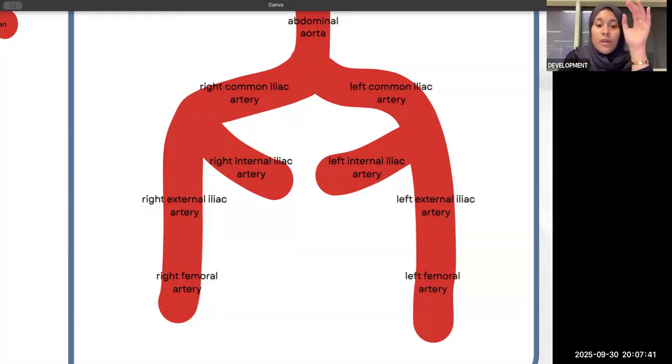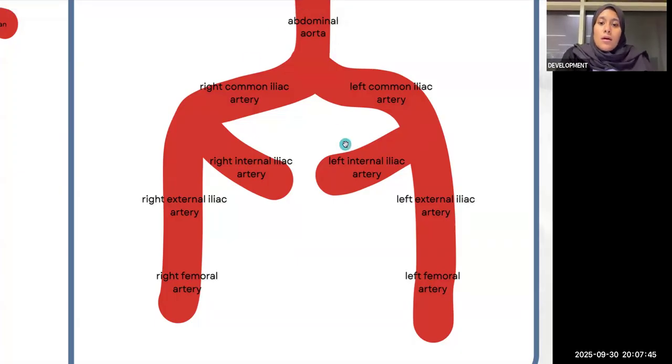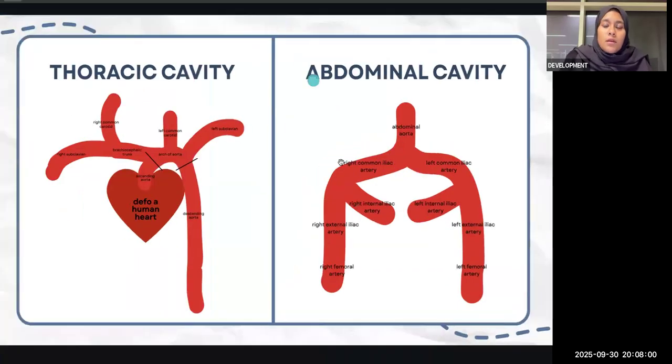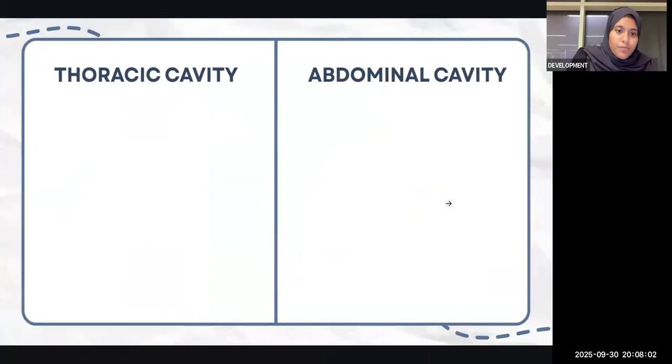And then they both continue to become the femoral artery when they reach the leg. Okay? Cool tip: when you see common, always expect internal, external. Always. They didn't cover it in the common carotid, but that will also go into external, internal. So yeah, I hope arteries is all clear.